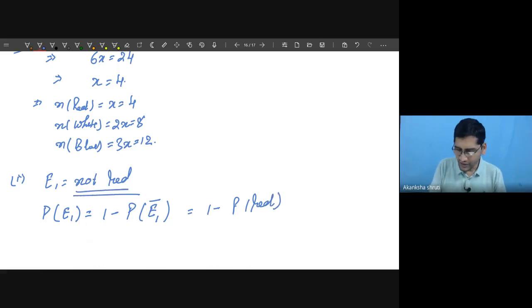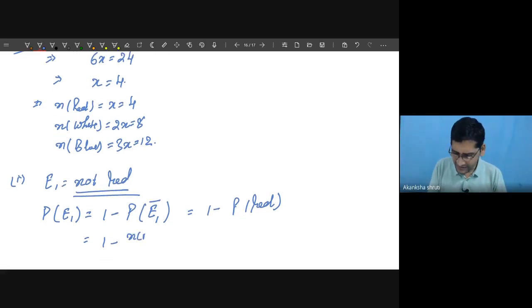Not red is required because calculating red is easier, or not red means blue and black, that we will also do. So just substitute 1 minus P of red, means it is NR by NS.